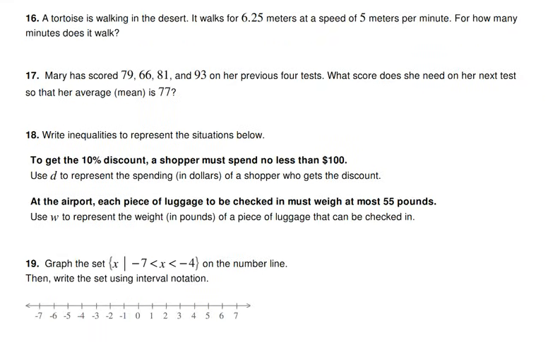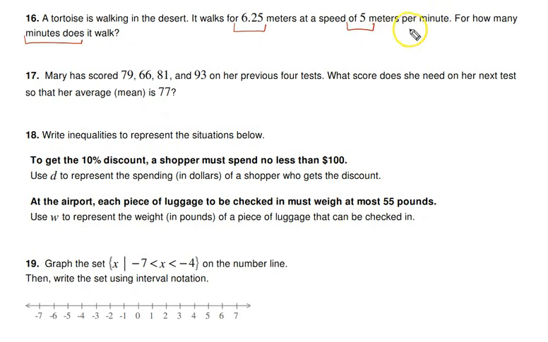All right, for number 16, a tortoise is walking in the desert. He walks for this many meters at a speed of 5 meters per minute. How many minutes does he walk, or does it walk?